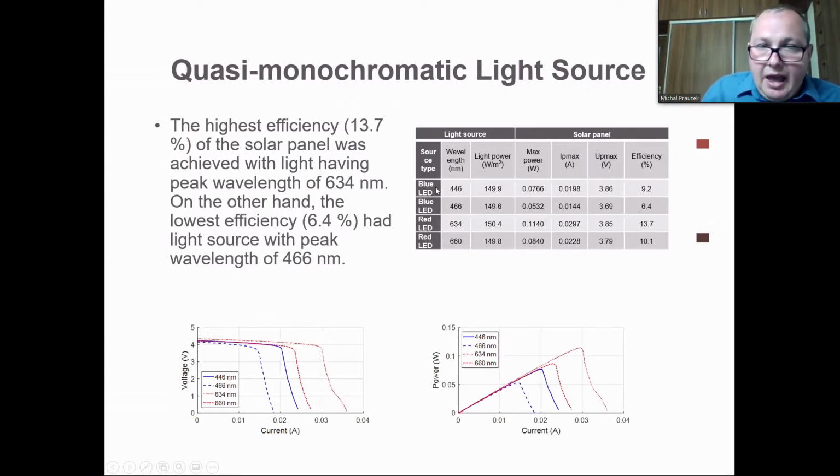And for the other blue, it's 9.2%. So it's really low. And in the red spectrum, it's about 10.1 and 13.7. So we have an efficiency much below the standard solar efficiency.